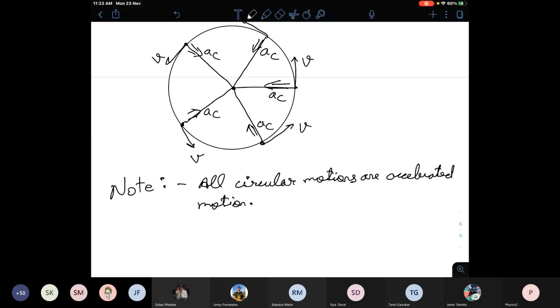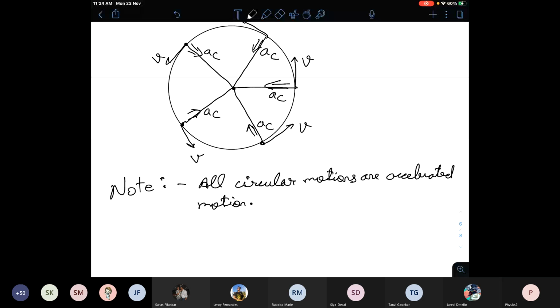You have to remember this, it can come as a statement. They will give you something like, which of the following statements is correct, and one of the options will say that uniform circular motion is a non-accelerated motion.